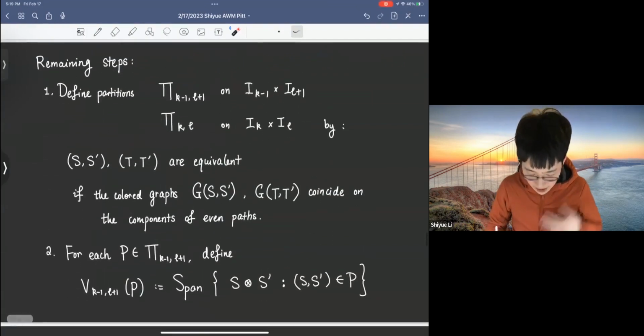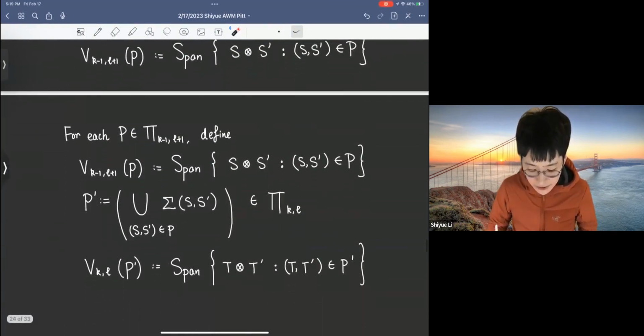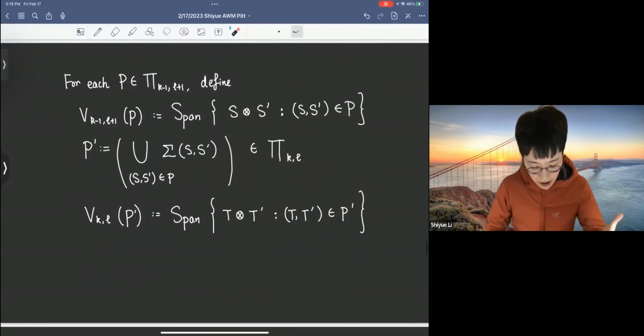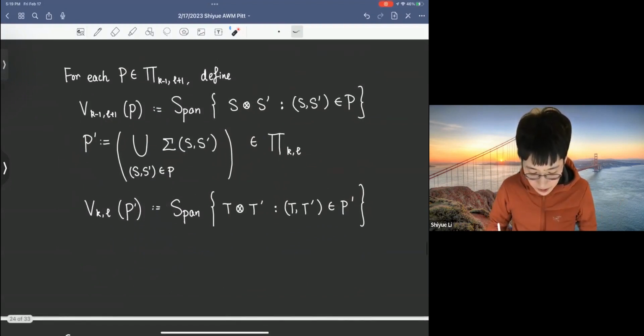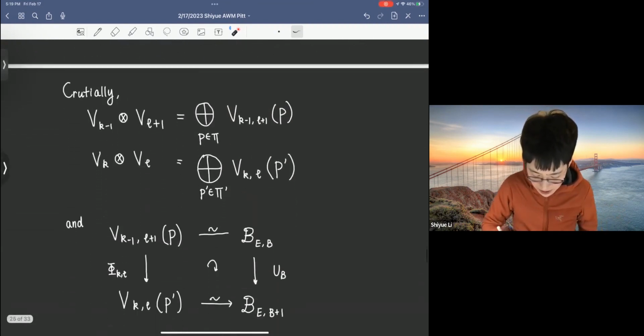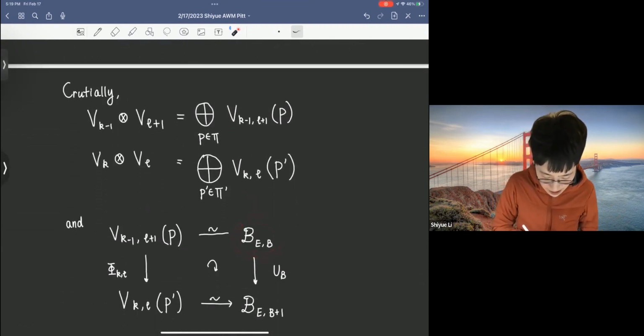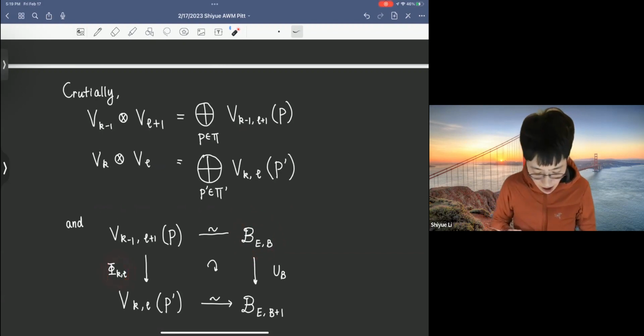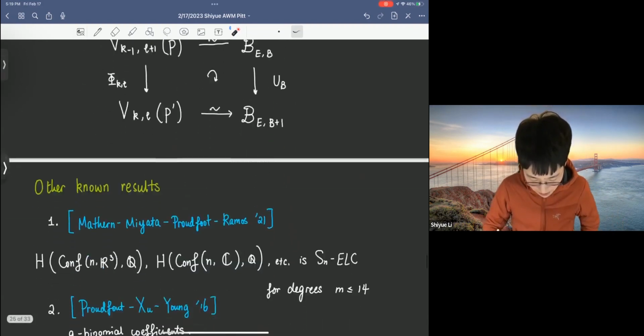So you do some careful checking that your vector space is indeed isomorphic to, or can be decomposed into pieces that are isomorphic to, such Boolean lattices. And then the operator on each piece is exactly this raising operator that we have described before.